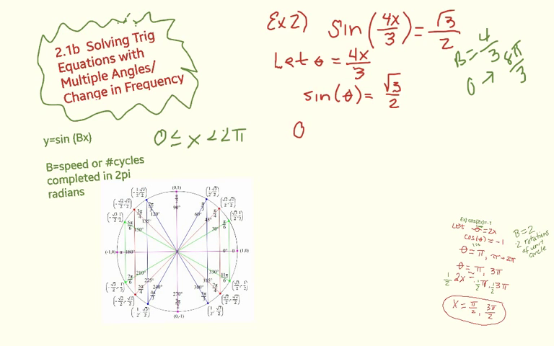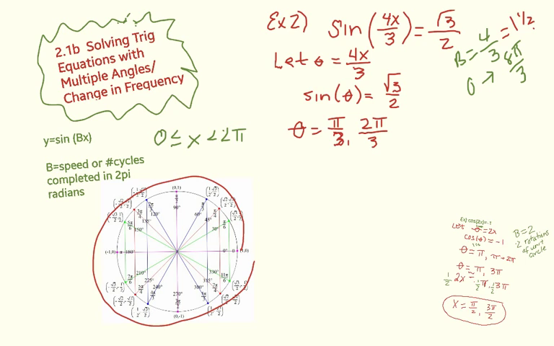So I have that theta is pi over 3 and 2 pi over 3 from my first rotation, but this says I need to go 1 1/3 rotations. So I've gone all the way around once, and then I want to go 1/3 of the way around. That's going to take me to that 8 pi over 3. So 120 is 1/3 of the way around. So I want all the answers in this region.